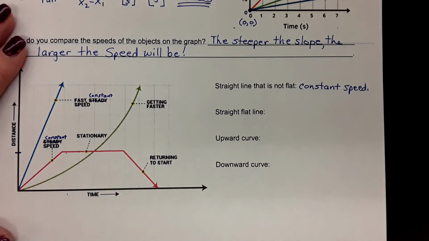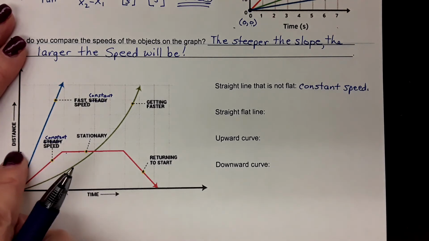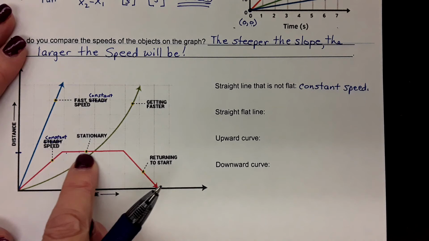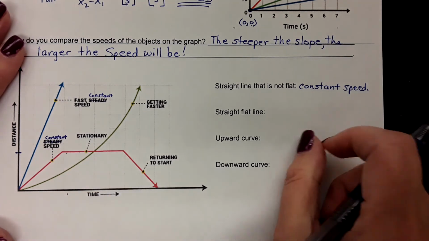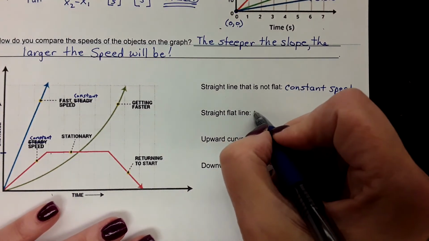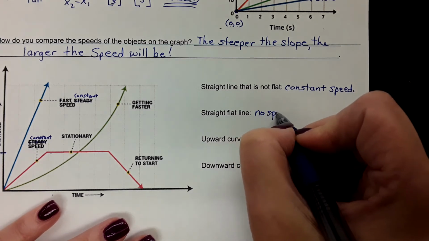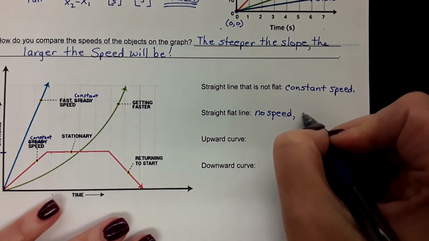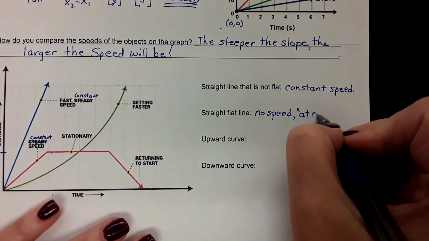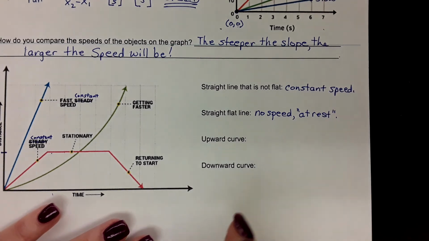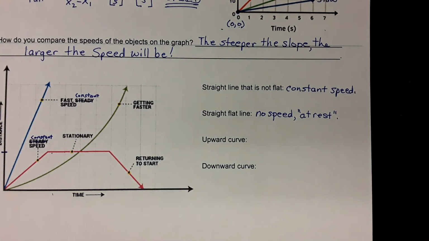So it's not moving anywhere, is it? No, it's not going anywhere. It hasn't moved up or down the y-axis. So right here, you're stationary. You're at rest, okay? You have no speed, so you're at rest if it's a flat line.